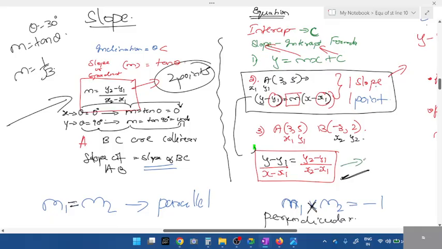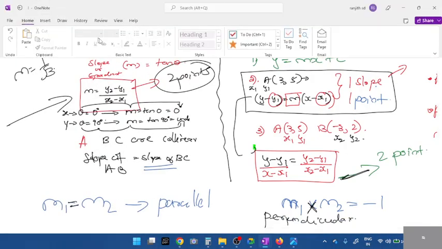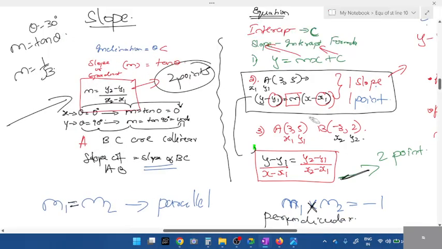See, this is 2-point formula. This is what they are giving. Most of the questions, this is how they give you equation of a straight line. It is a bit tough. You should remember parallel, perpendicular concept.